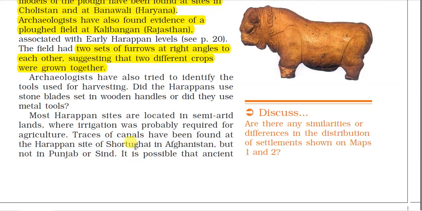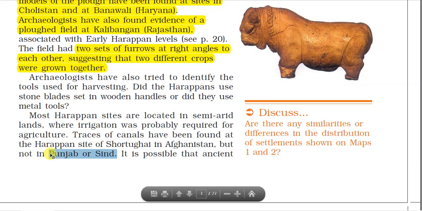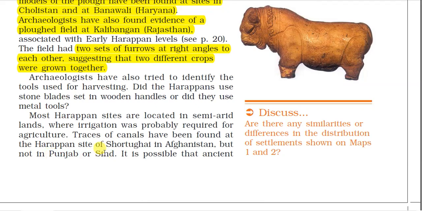So as you can see, the Harappan sites go as far as parts of Afghanistan as well. So it's a widely spread civilization, right? Modern day Pakistan, there's only one site in Afghanistan, Shortugai, and parts of the Indian subcontinent, right? Then you have no traces of canals in Punjab and Sindh. That doesn't mean that there were no canals. It's just that we haven't found any canal traces in Punjab and Sindh.